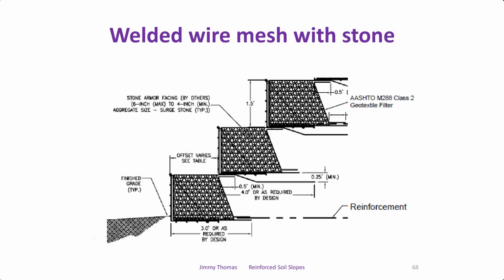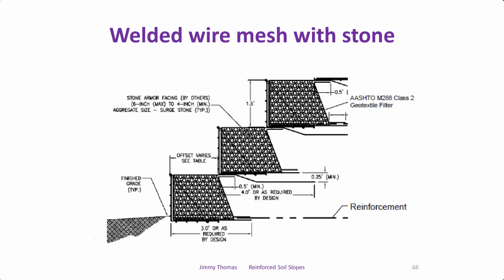Then sometimes what happens, vegetation is not possible everywhere. If you have a very hot and dry climate, then sustaining vegetation is not possible, or if the slope is steeper than 60 degrees, then having vegetation is a challenge. In those cases, we can go for a stone face. Again, we have this welded wire mesh. We have the reinforcement wraparound.